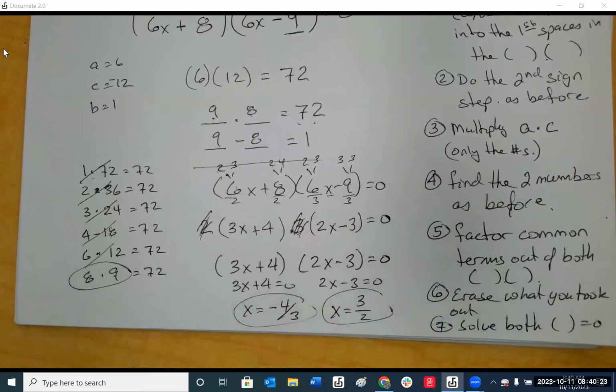So that's how it works if you have a leading coefficient in front of your terms. You want to try another one? Okay, let me put another one together.